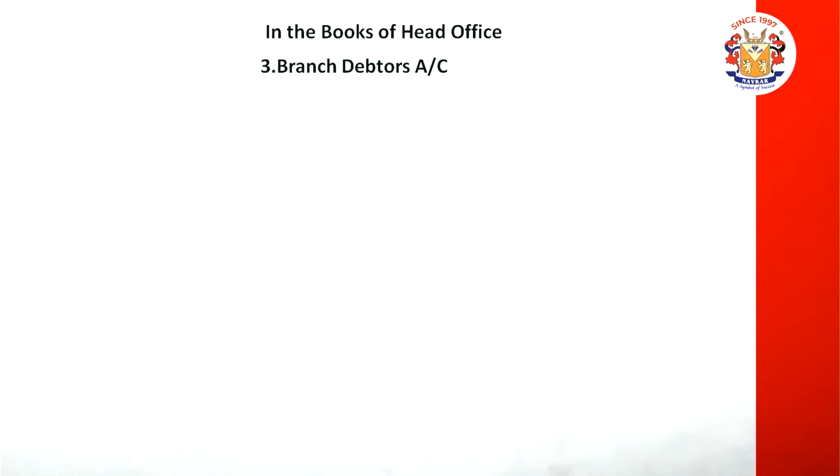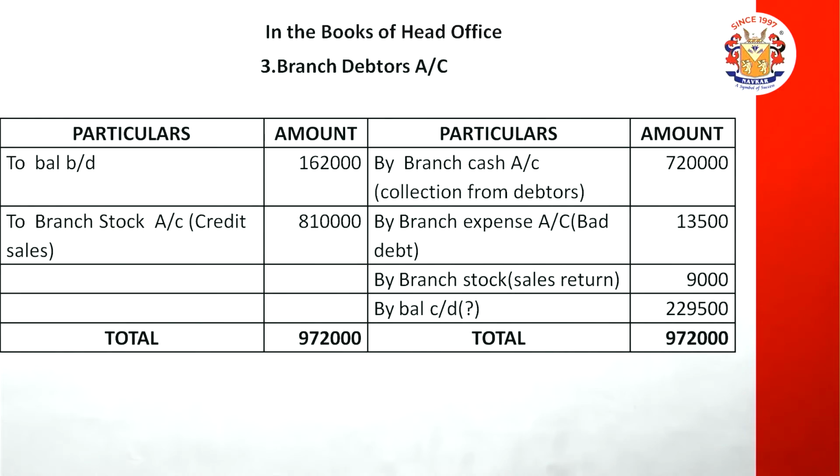Next one, branch debtors account. Opening balance of branch debtors is available, 1,62,000. In the given question, closing balance of branch debtors is not available. We have to calculate. Credit sales is given. Due to credit sales, branch debtors will increase, but branch stock will decrease, 8,10,000.